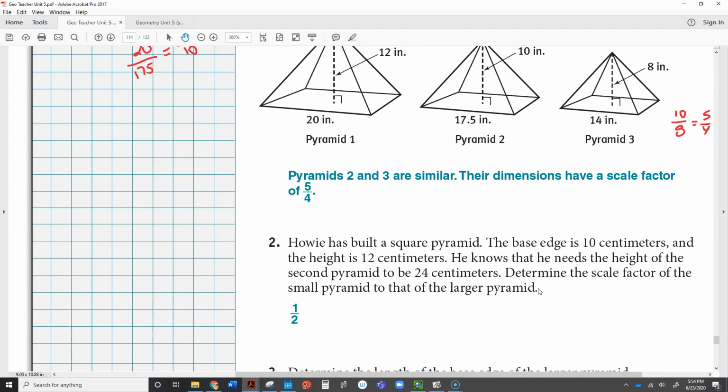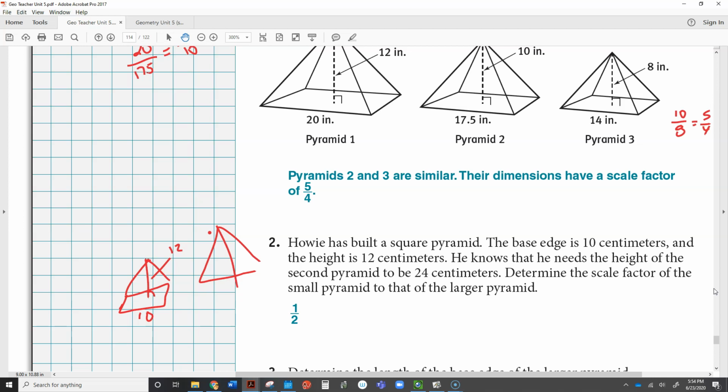Built a square pyramid. The base edge is 10 and the height is 12. And then he knows the height of the second pyramid is 24.